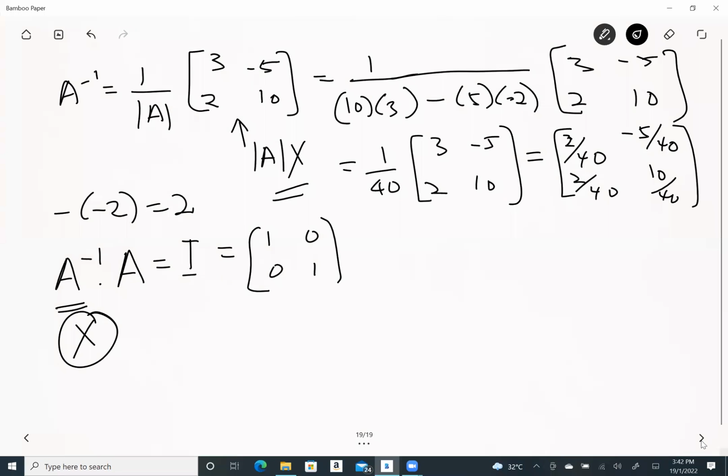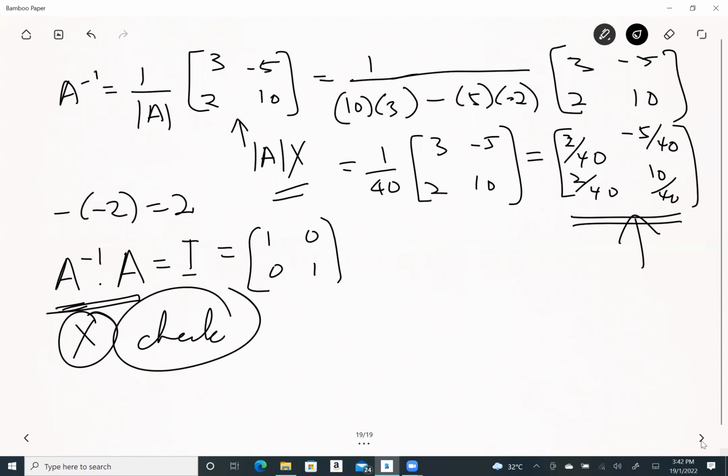If you got that number or you got another matrix, it doesn't matter, because I can be wrong here. Now you multiply the inverse by A. Everybody do that. Whatever you get, you multiply with A, and then see whether you get I or not. That's what I want you to do.